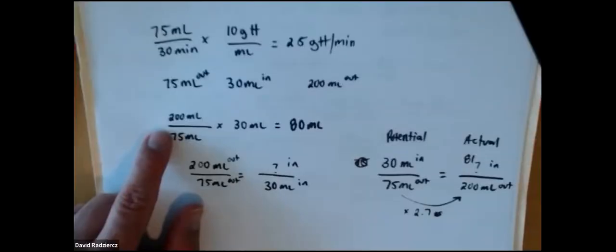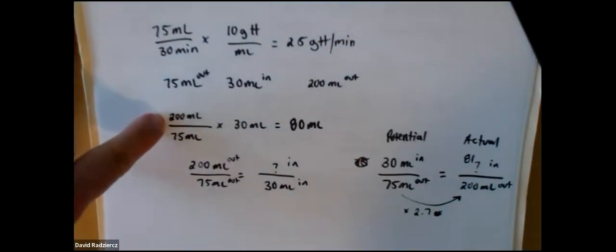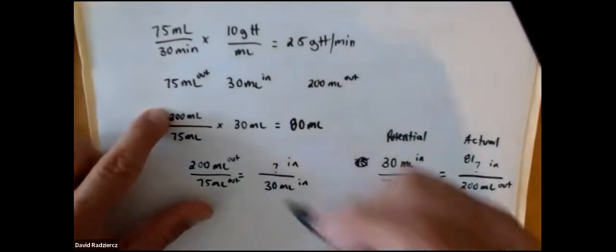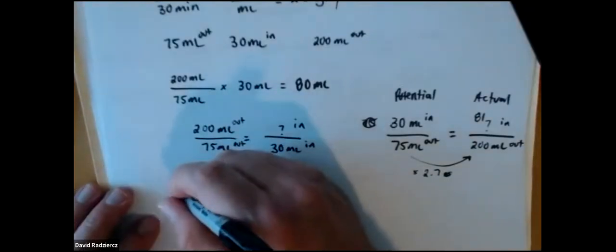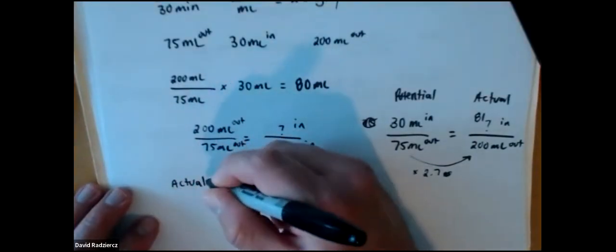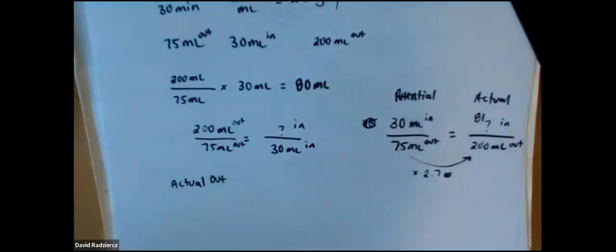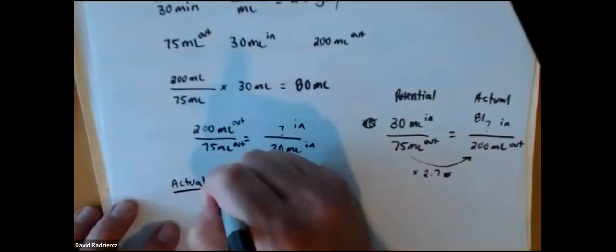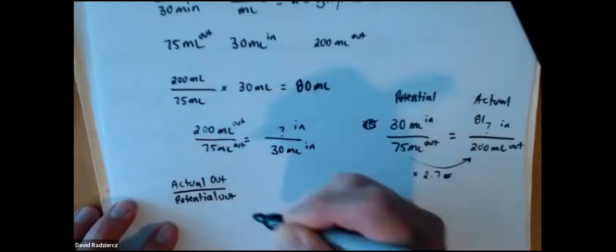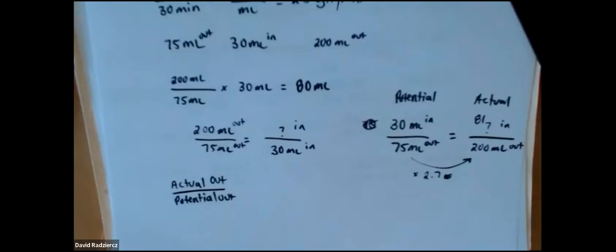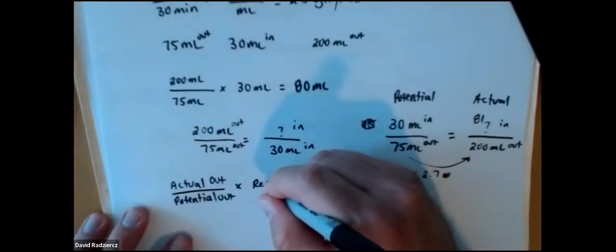But what I recommend is following this formula. How did you do that one that you're pointing at again? Sure, 200 times. The formula looks like this: I take the actual output, what the patient actually urinated out, over the potential output, which is for every however many milliliters lost, times the replacement volume.